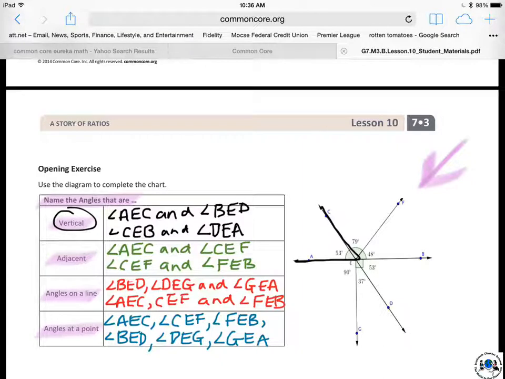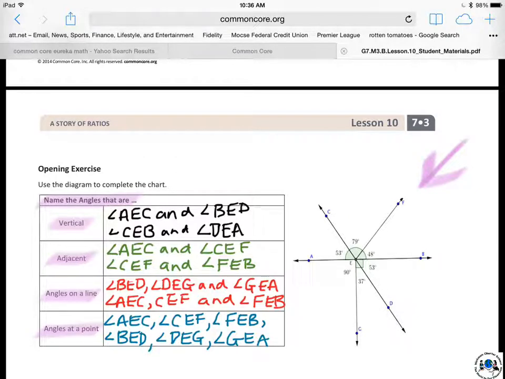These two angles are vertical, and you'll see there's 53 degrees there and 53 degrees there, because vertical angles are congruent, or equal.